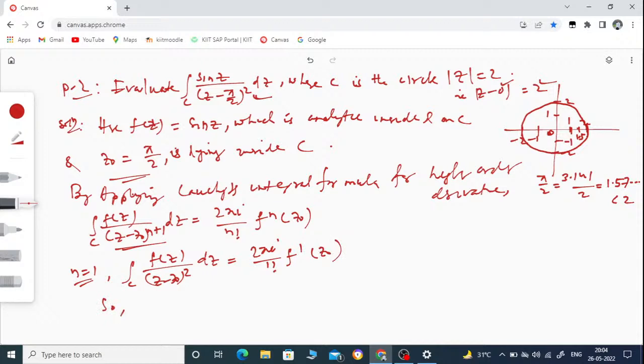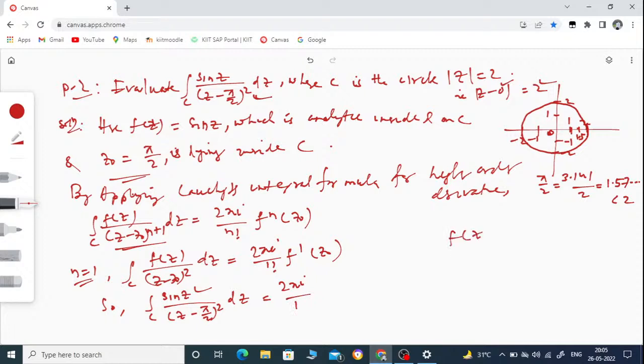If I use it here, the integration over C of sin z divided by z minus pi by 2 square dz, in place of f of z I am writing sin z. So this will be 2 pi I, and 1 factorial is 1. And what is f dash at z naught?